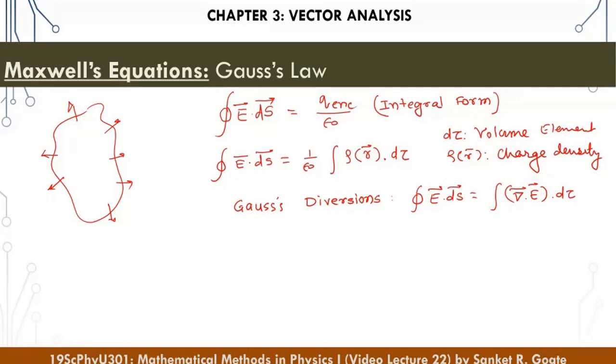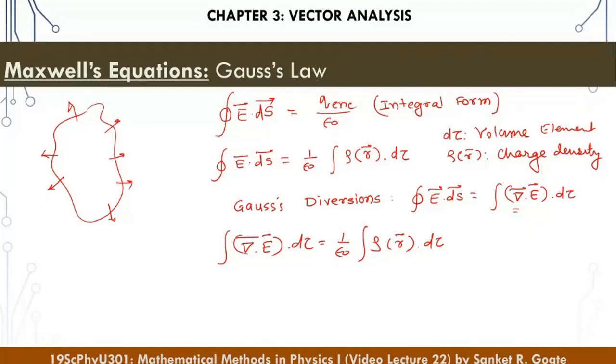Let me use this right hand side on the left hand side of this equation, and what we get for Gauss's law is the integral of del dot E d tau equal to 1 by epsilon 0 times the integral of rho of r d tau.